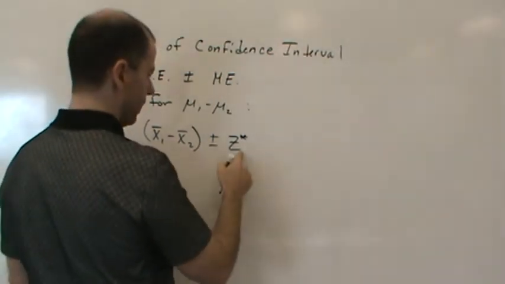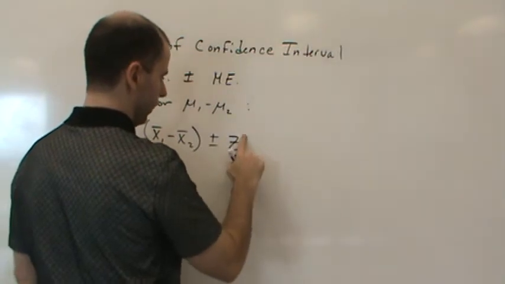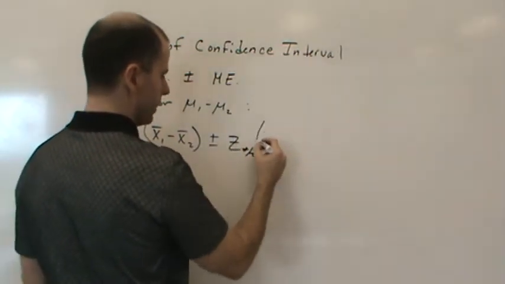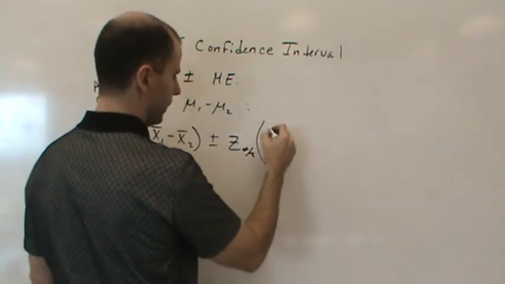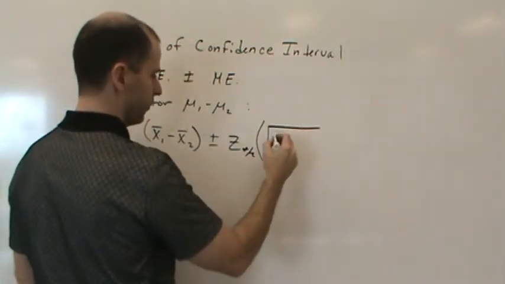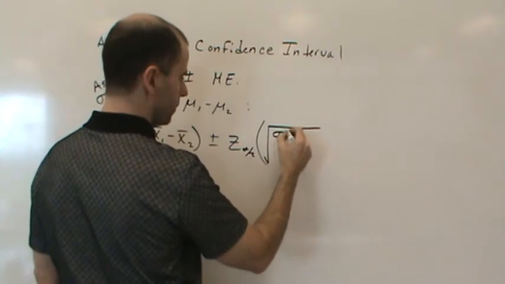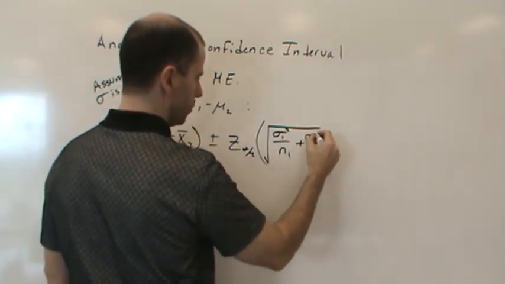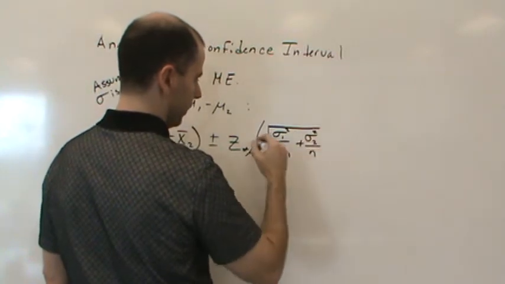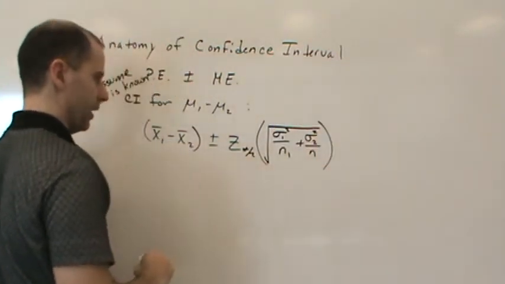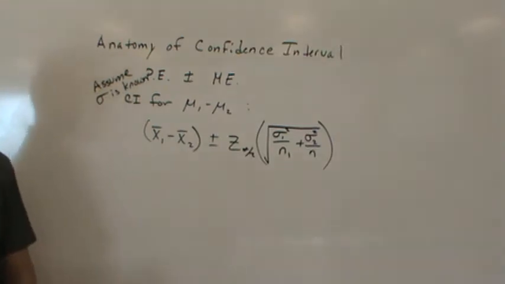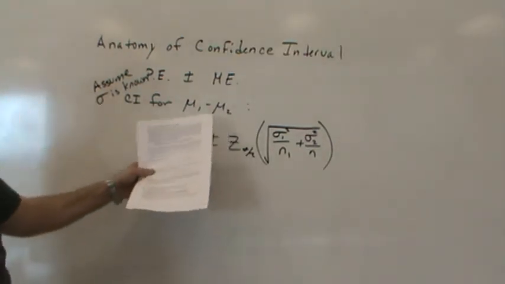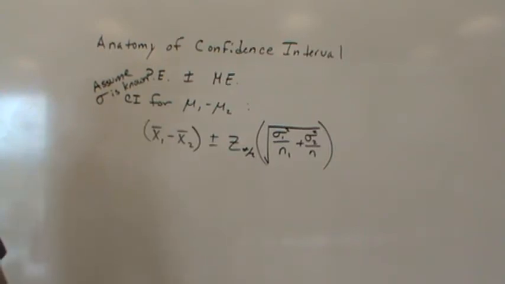So now it's going to be z alpha divided by 2 times the standard deviation, which is, if you remember, sigma 1 squared over n1 plus sigma 2 squared over n2, and then you take the square root of the sum. And so this is the formula for a confidence interval for the difference of means when sigma is known.